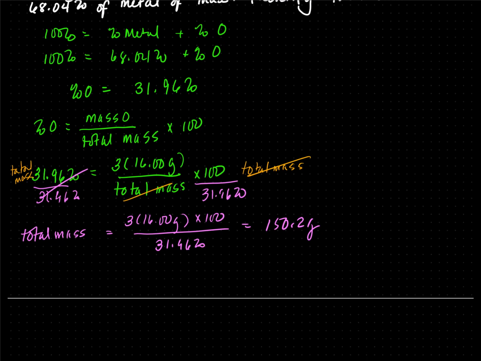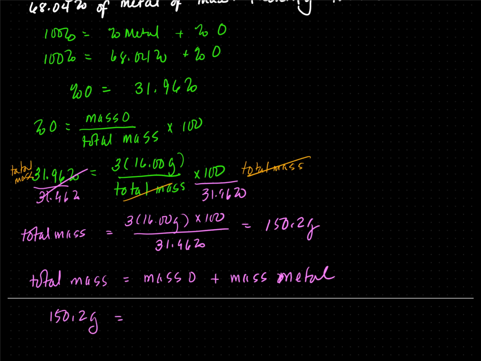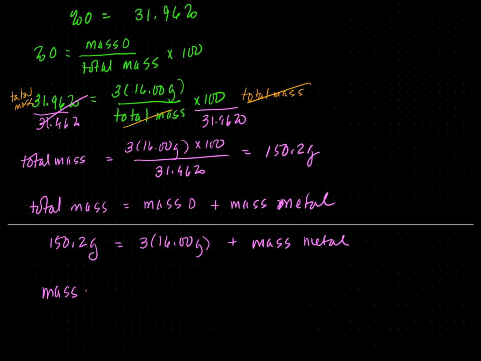So the total mass of the compound equals the mass of oxygen plus the mass of the unknown metal. So this is 150.2 grams, the mass of the oxygen is 3 times 16.00 grams, plus the mass of the metal. So the mass of the metal is going to be 102.2 grams.